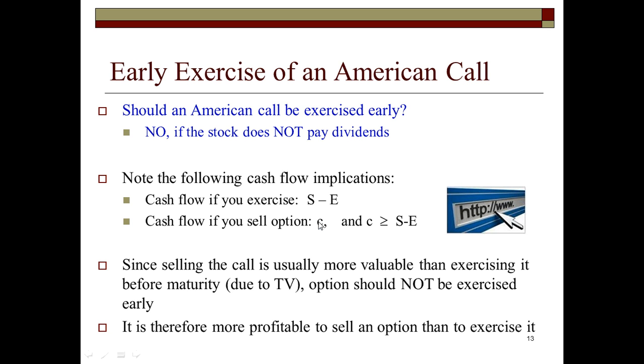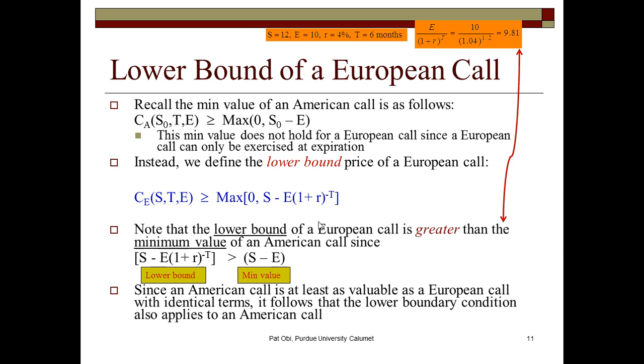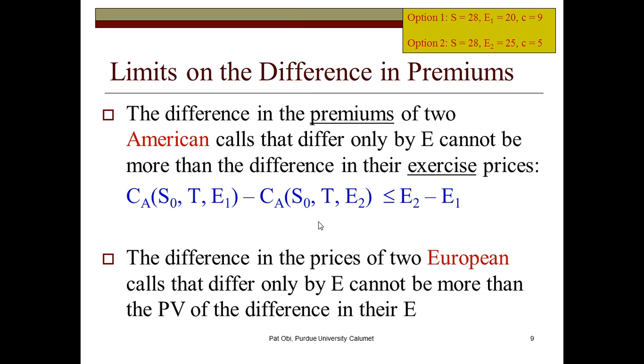So if I were to go back to an earlier example which I gave, let's look at option number 1, for example. Stock price is 28, exercise price is 20, call option is 9.